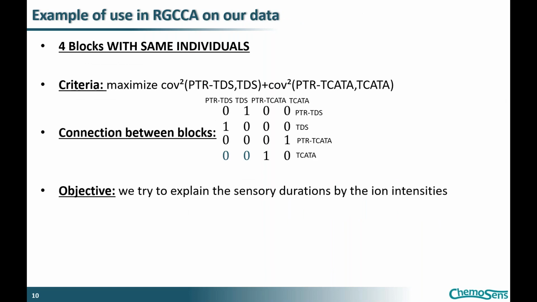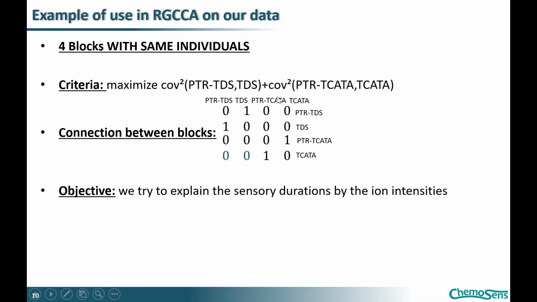I have 4 blocks with the same individuals, so that's very important. We have a horizontal structure of multi-block data, and we choose a criterion which is to maximize the sum of the covariances between PTR TDS and TDS, because they were simultaneous, and PTR T-kata and T-kata, because they were also simultaneous.